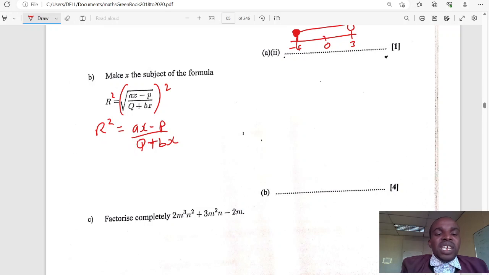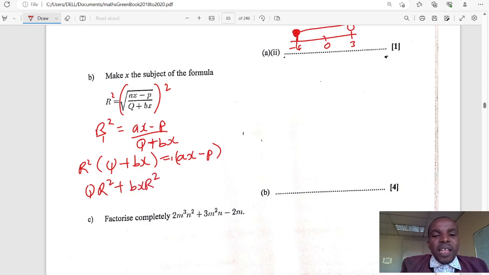You want to make x the subject, so cross multiply: r squared times q plus bx equals 1 times ax minus p. Then remove the brackets: q r squared plus bx r squared equals ax minus p.